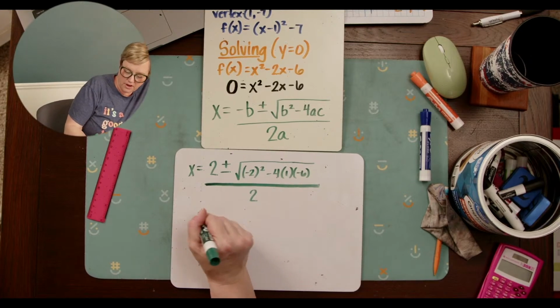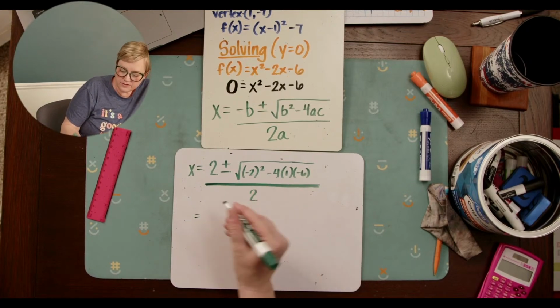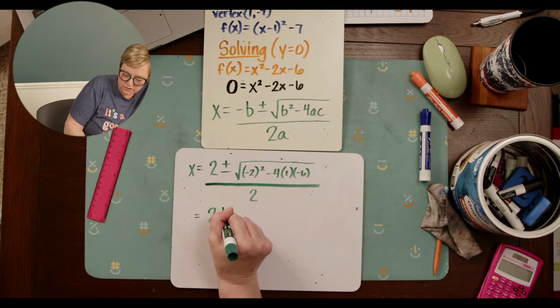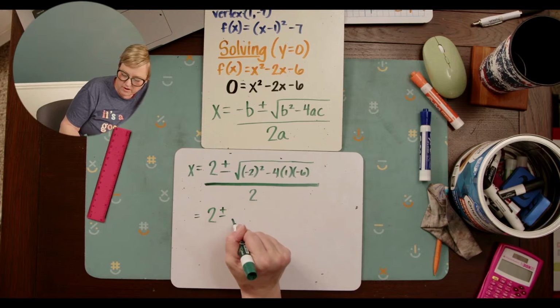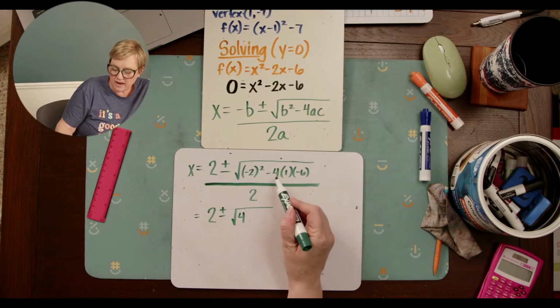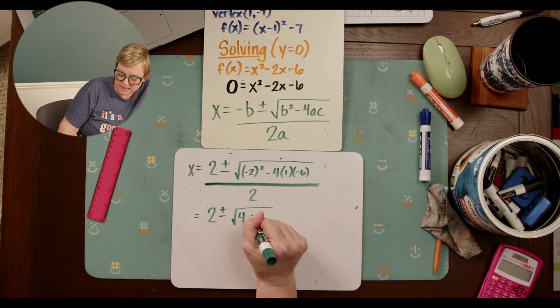So 2 plus or minus square root of negative 2 squared is 4. Negative 4 times 1 times negative 6 is plus 24.